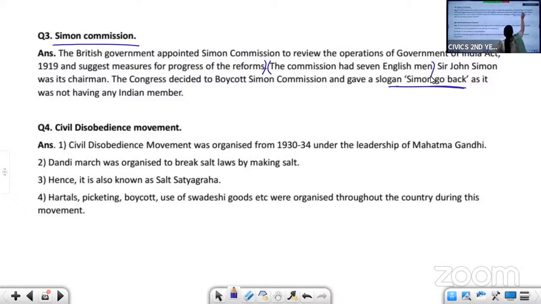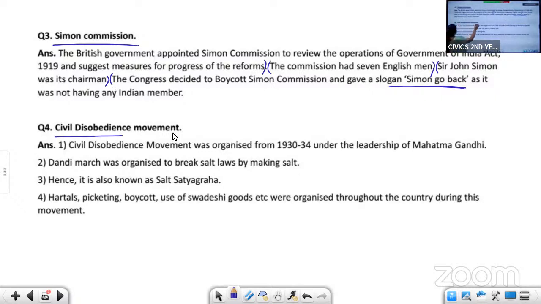Then third point: Sir John Simon was its chairman. Fourth point: The Congress decided to boycott Simon Commission and gave the slogan, Simon go back, as it was not having any Indian member. So in 4 simple sentences, you can finish this answer.